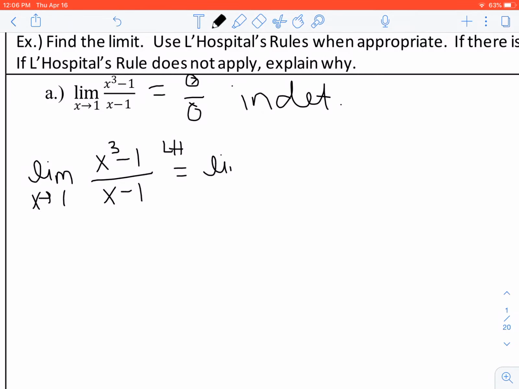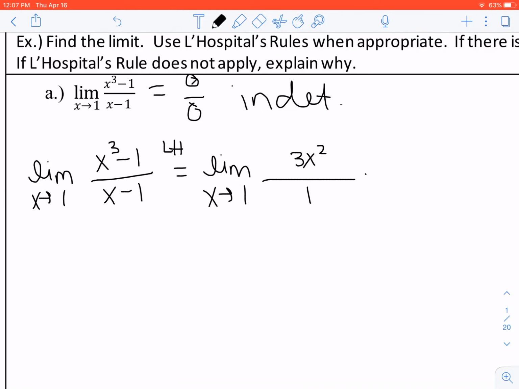The limit still stays the same, but we take the derivative of the numerator, which is going to be 3x squared, and the derivative of the denominator is just 1.